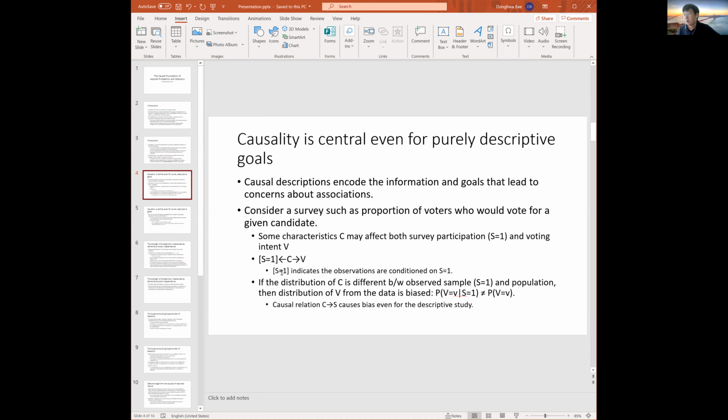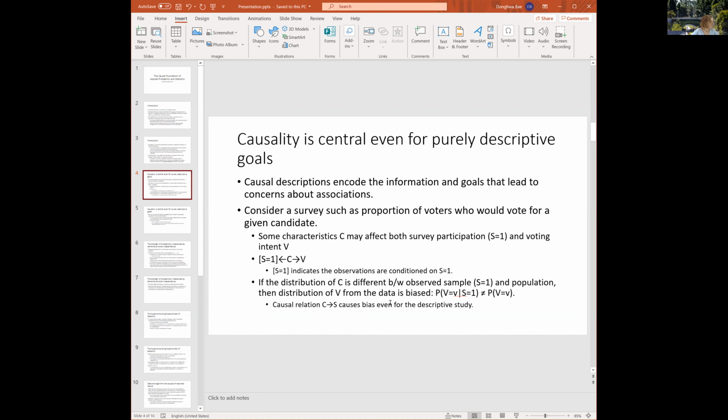So the probability of V given S equals 1 is biased for the probability of V. So the causal relationship from C to S causes biases for these descriptive studies. This is an example of that part.